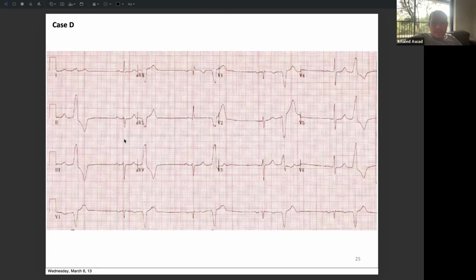This is another case. We're looking at something that is inferiorly directed, positive in leads 2 and 3. It's positive in lead 1. It is a left bundle tachycardia. PVC, VT, it doesn't matter, it's the same thing. We see it transitioning, negative to positive transition happens in V3.